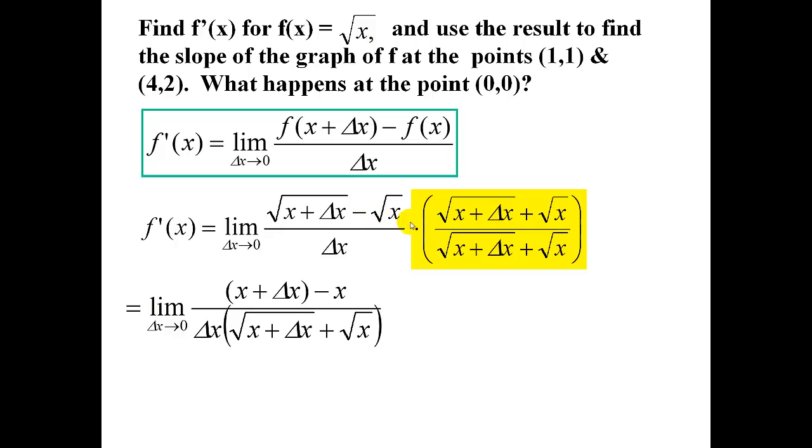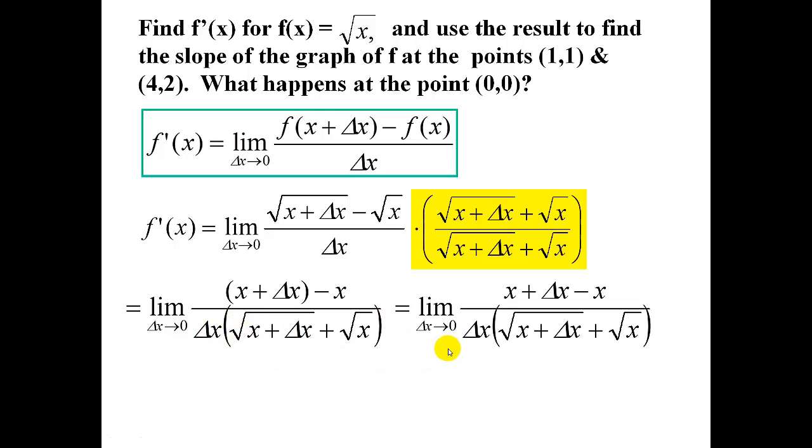When we do that, and we do some simplifying, we wind up with x plus delta x minus x. We multiply numerator times numerator over a more complicated, admittedly, denominator, square root of x times this term here. When we simplify, the x's are going to cancel out, and the delta x's are going to cancel out because we can take a delta x out of the numerator and the denominator, and so that becomes a 1 in the numerator.